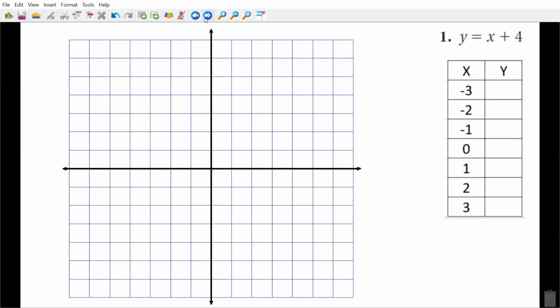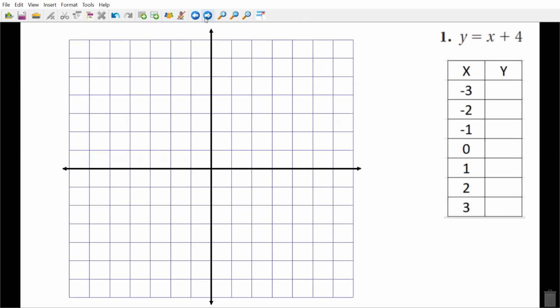First exercise, y is equal to x plus 4. The first thing I want to do is start replacing the values between -3 and 3 on the table you can see on the board. Remember when we did that last week?